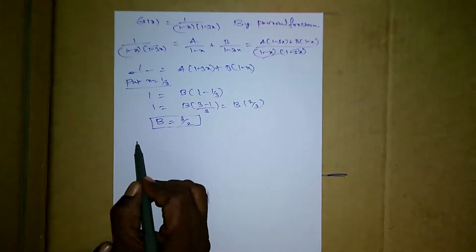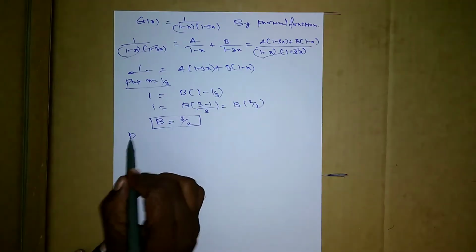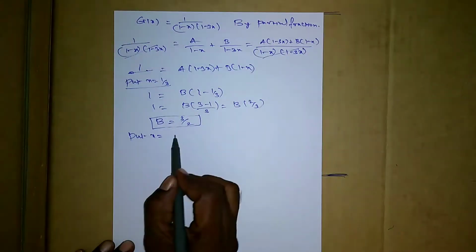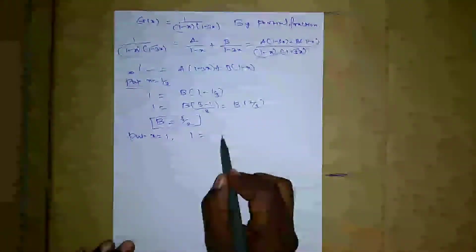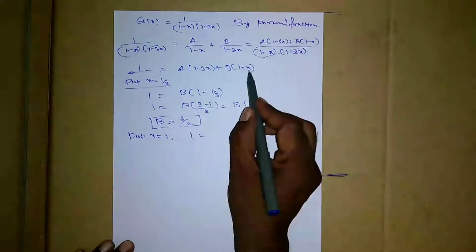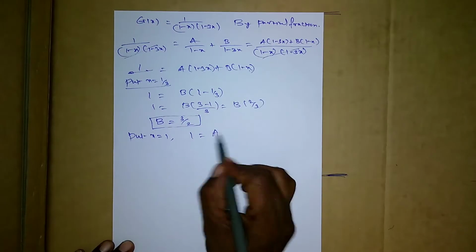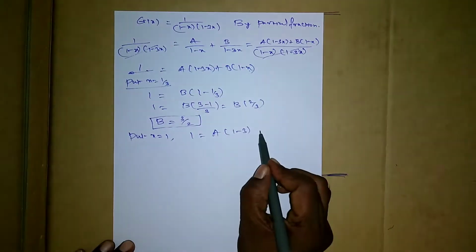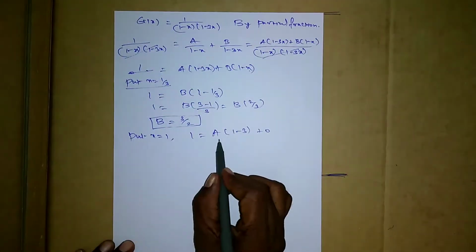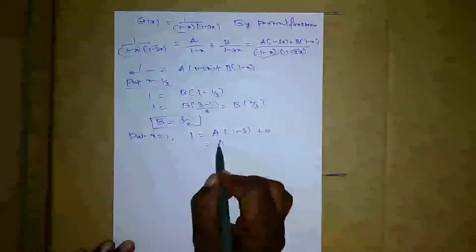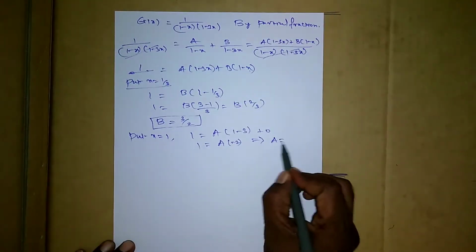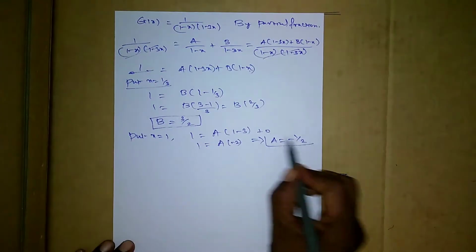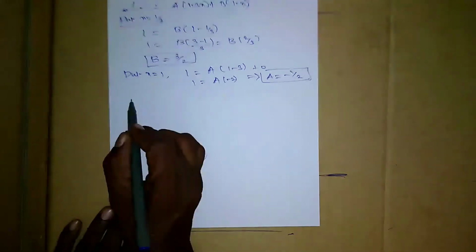Now put x = 1: left hand side is 1, and on the right hand side the B term is 0, therefore A into (1 - 3) = 1, that is A into minus 2 = 1, which implies A = minus 1 by 2. Now we have A and B values.